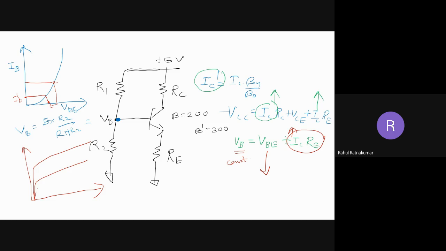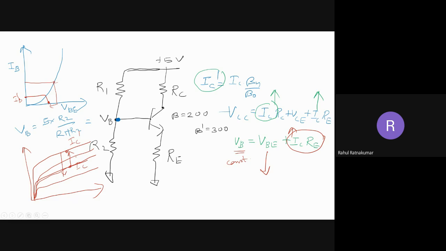This was the initial IC, but when beta increases, it is increased to this point. But obviously, when IB reduces, it will come back to nearby this point or less than that, right? So we are getting stabilized.